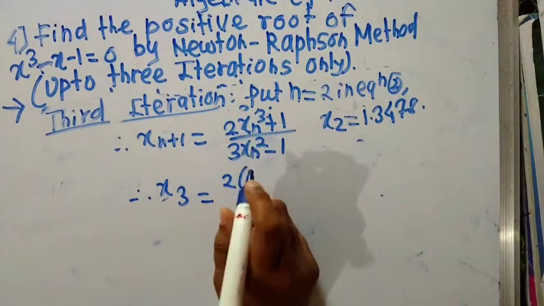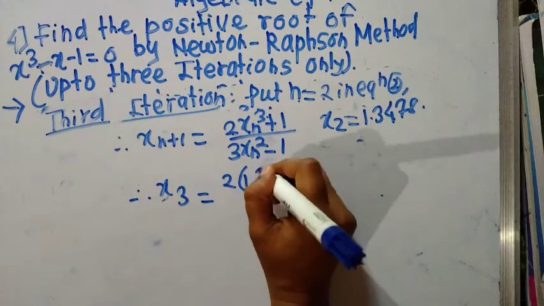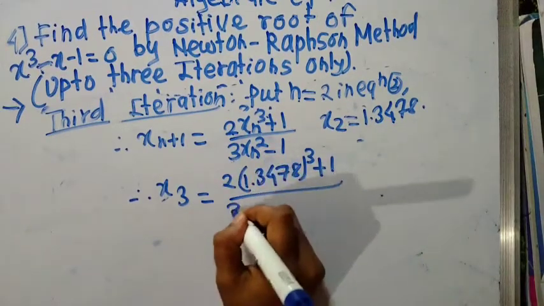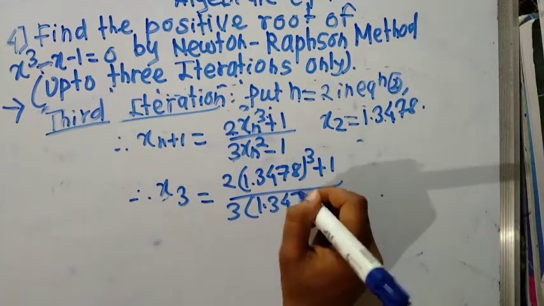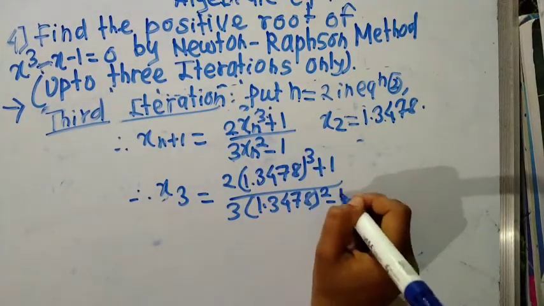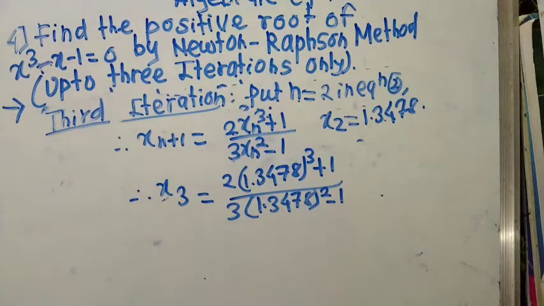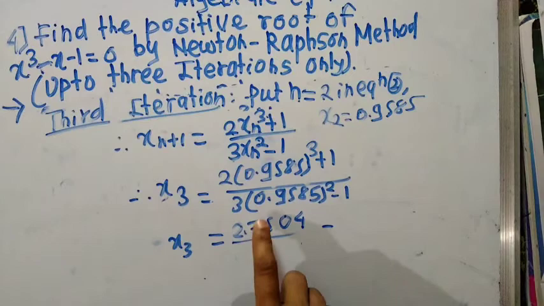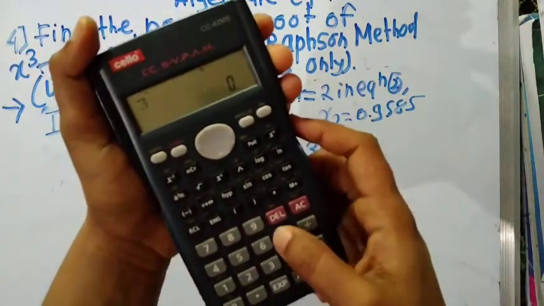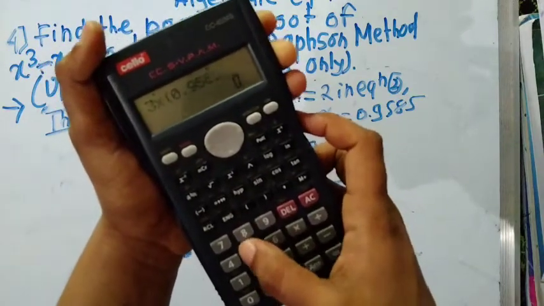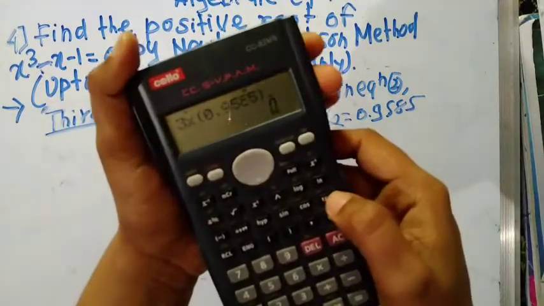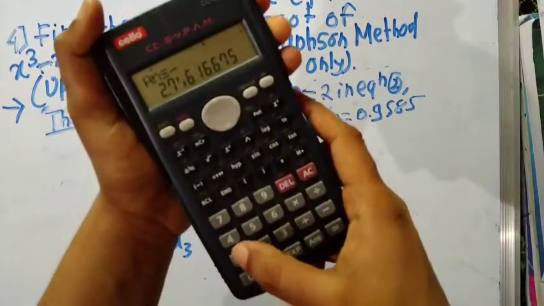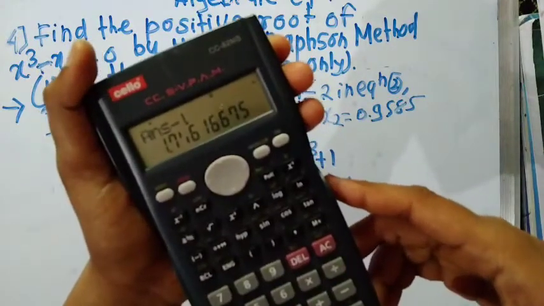So here xn cube means 1.3478 cube, plus 1, divided by 3 into 1.3478 square, minus 1. The answer is 4.9 for the numerator and 4.4 for the denominator.